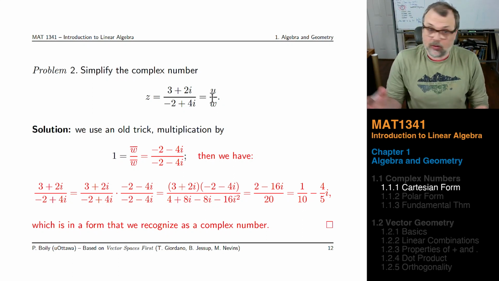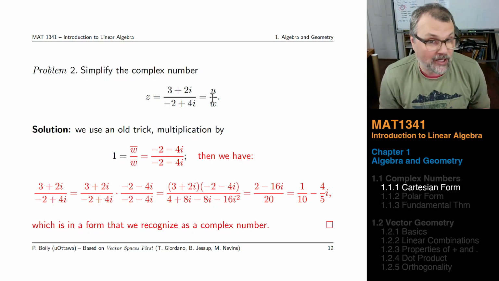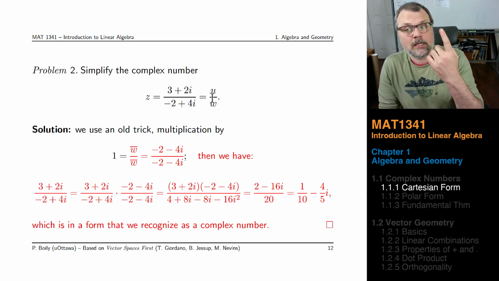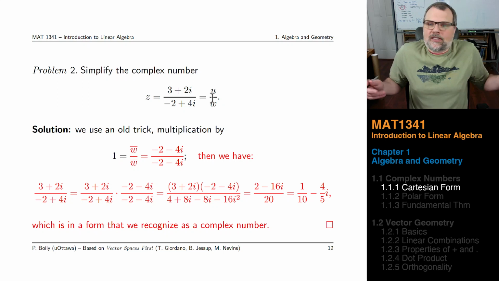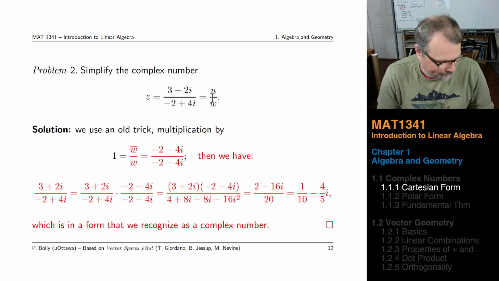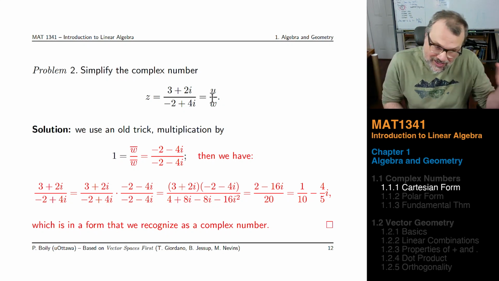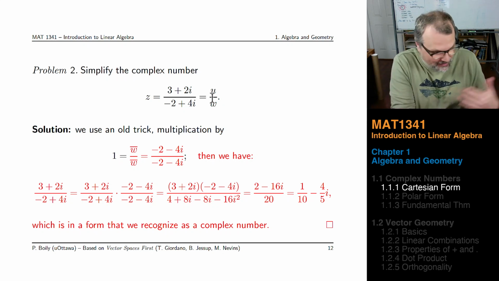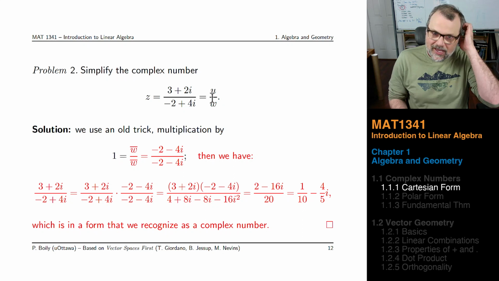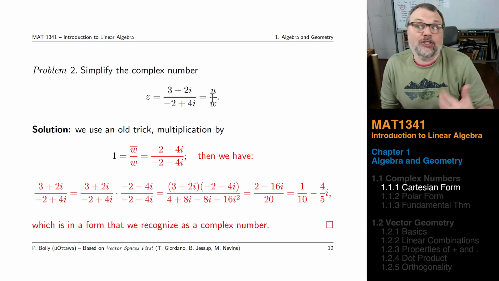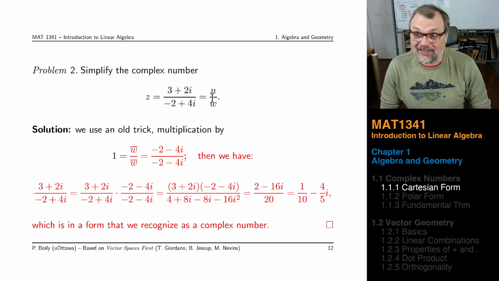And that's true, minus 2 minus 4i divided by minus 2 minus 4i is equal to 1. But why this? Why didn't I write 1 as 3 divided by 3? Or pick my favorite number, 17 plus pi i divided by 17 plus pi i. Why not? Well, there's a reason for that: we're going to try to basically rationalize the denominator, right? It's the same trick we were using before.